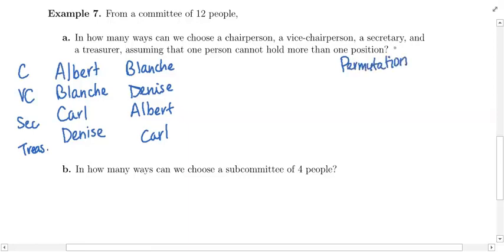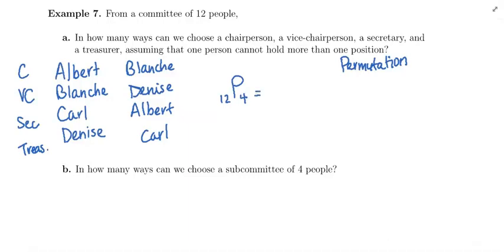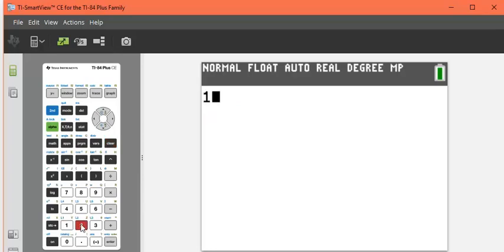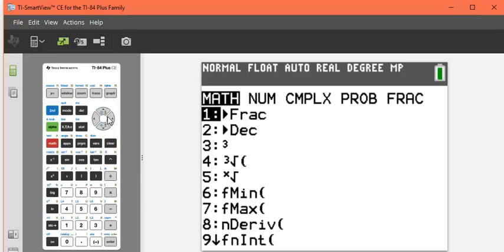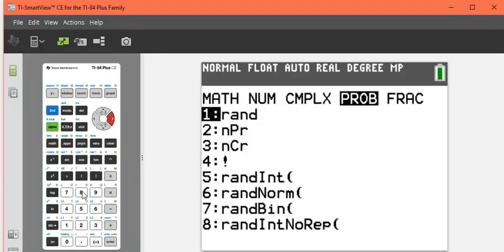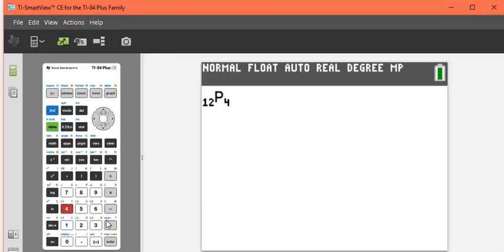So we are going to go ahead and set this up. We have our P, and we know we're choosing from 12 people, and we're putting them in groups of 4, because you're selecting 4 people at a time for the 4 positions. So let's go to our calculator and figure this out. I'm going to punch in 12, go to math, go over to probability, hit option 2 for permutation, and hit 4.